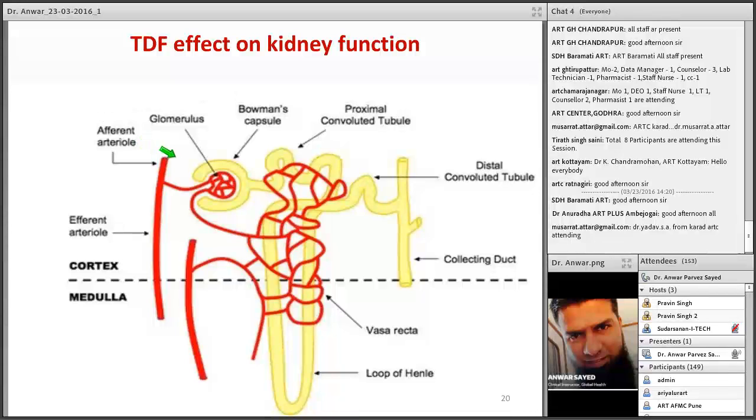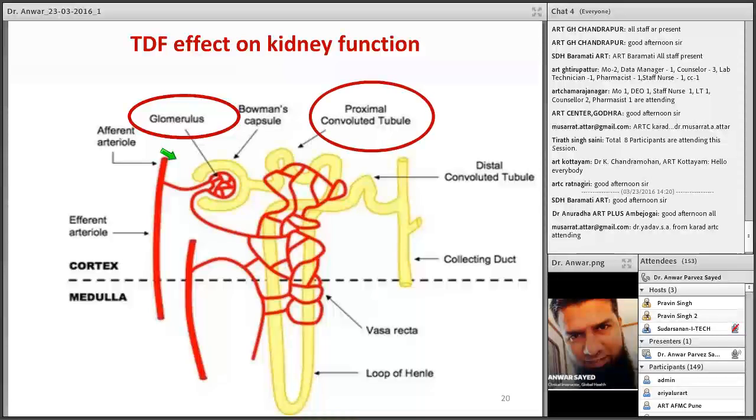It has a glomerulus, afferent arteriole, efferent arteriole, proximal convoluted tubule, loop of Henle, distal convoluted tubule, collecting tubule, and collecting duct. For understanding the effect of tenofovir on the kidney, these two structures are important for us: the glomerulus and the proximal convoluted tubules.